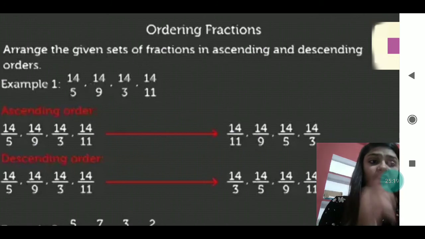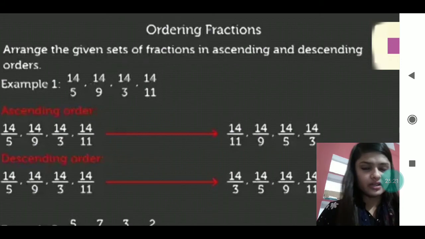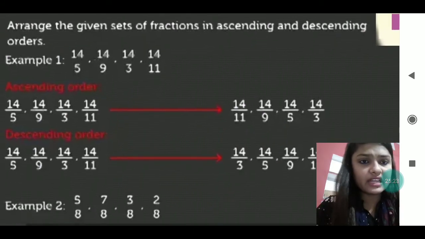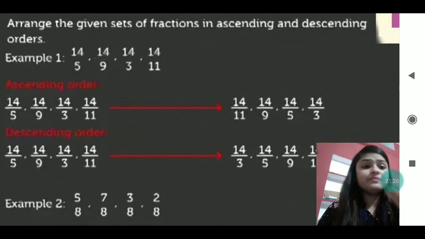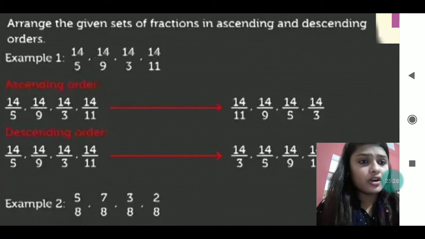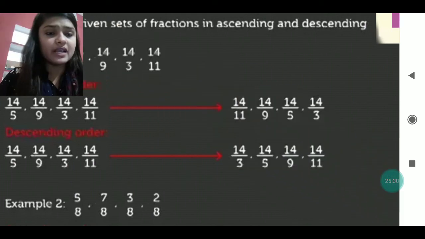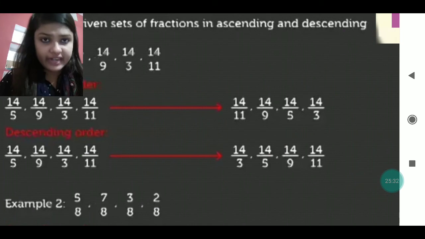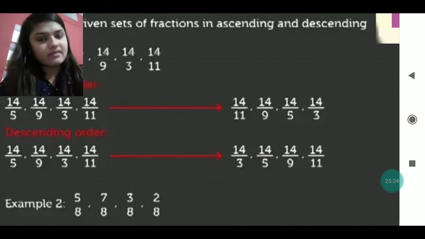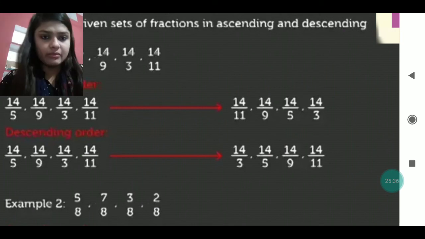Here 14 by 3 is the largest number. In the same way, when you are arranging in descending order, 14 by 3 will become the greatest number, whereas 14 by 11 will become the smallest number.